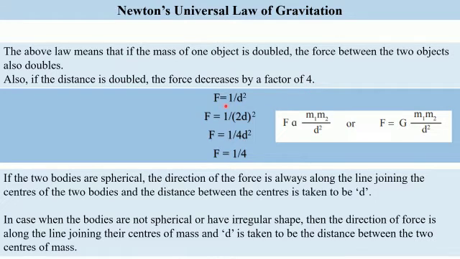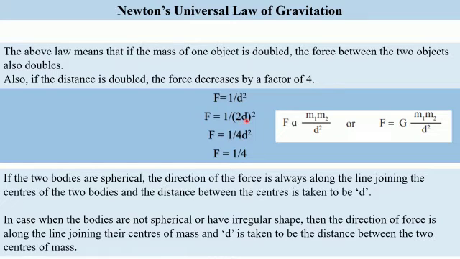Now here it has been explained to you. The force between the two objects is inversely proportional to the square of the distance between the two objects, that is d square. Here the distance has been doubled, so we have written 2 here.